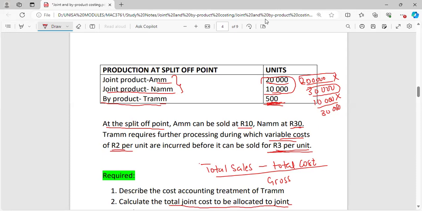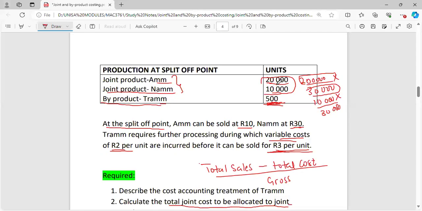Anyone who can explain where we start? I think we need to add 20,000 plus 10,000, and then we get the total. After getting the total, we need to take 20,000 over the total and multiply it by the joint cost.